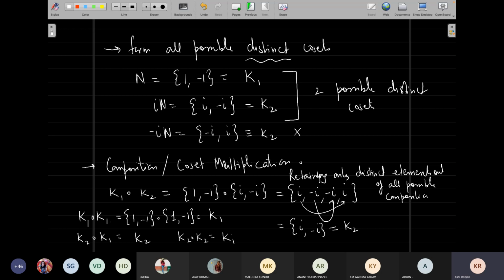So this gives me something interesting. The cosets which are formed from the normal subgroup seem to be closed under all possibilities. The composition of one coset with another coset is going to give you either this or that. So let me write down in a neat way what we call the Cayley multiplication table.